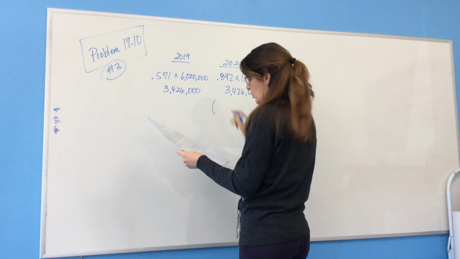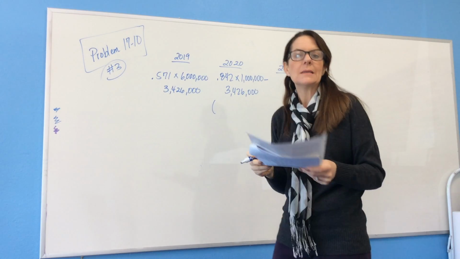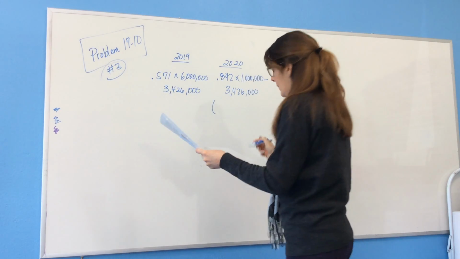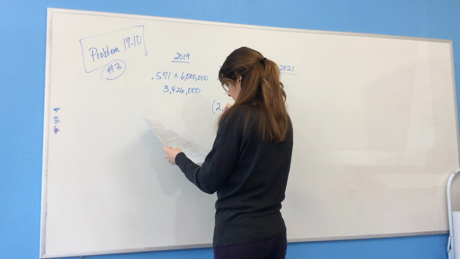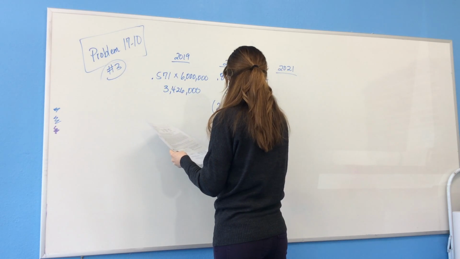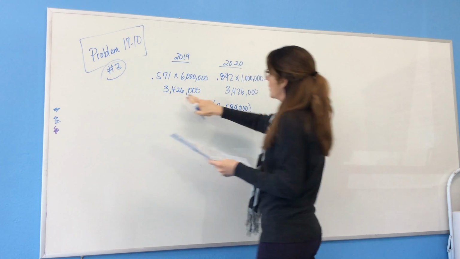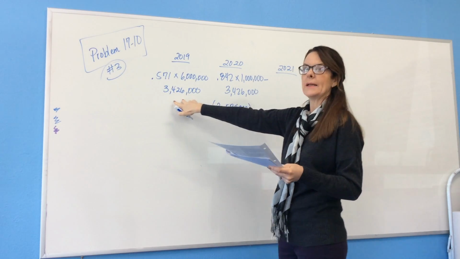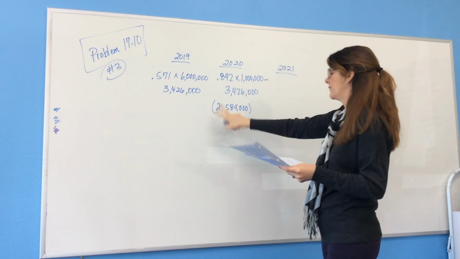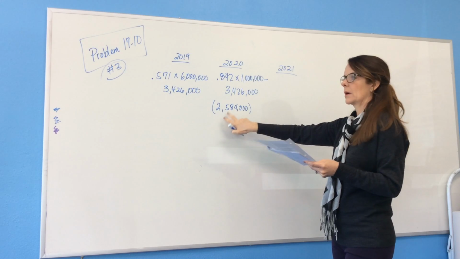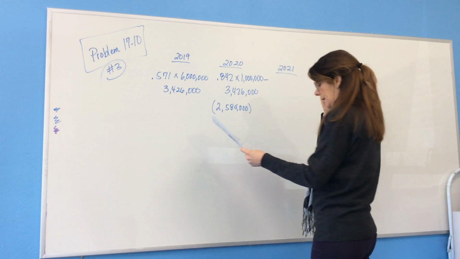So really for 2020, my estimated net income is actually a net loss. And the net loss is 2,584,000. So I've got a $3 million net income here. I've got a 2,584,000 loss here.